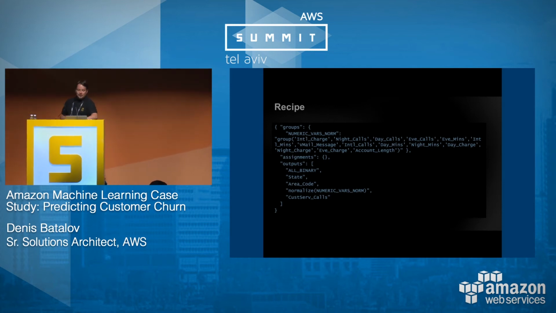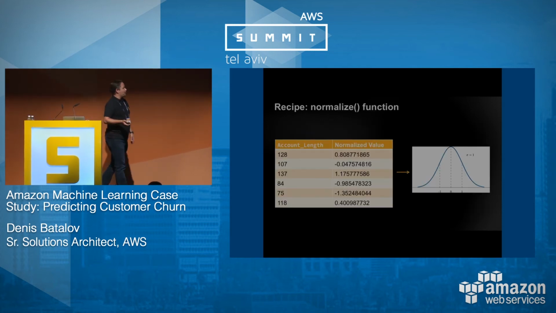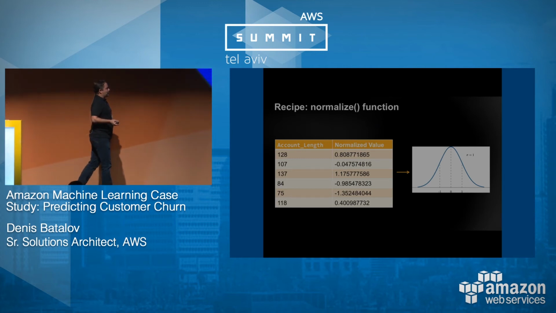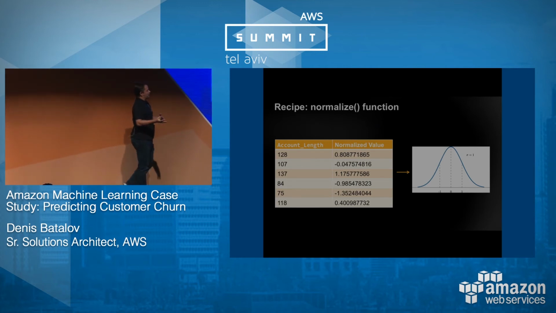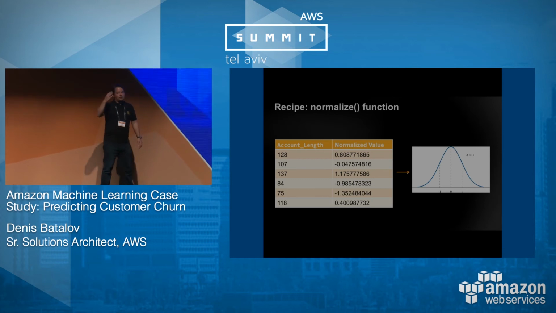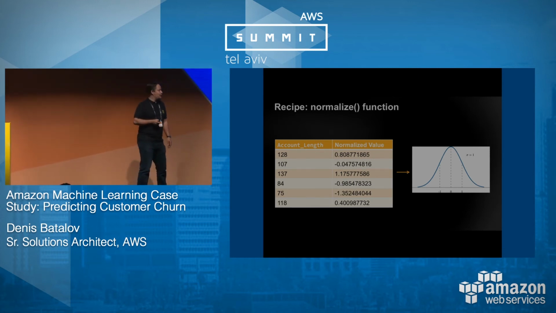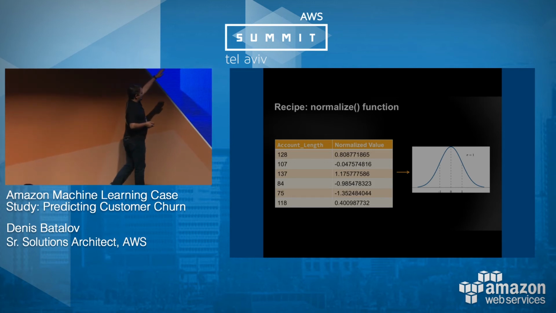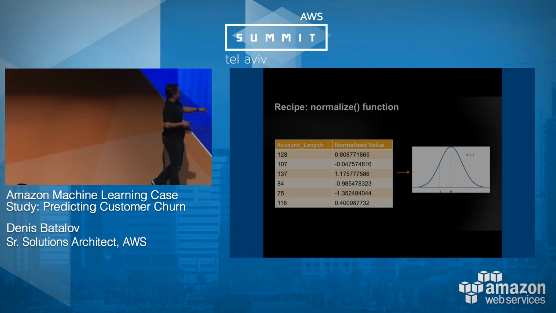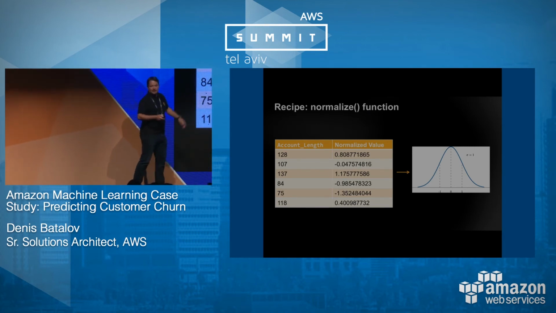So back to normalize. What does normalization do? Well, it's trying to transform the attribute into a standard Gaussian distribution with mean around 0, right? So if these are different account length attributes, the number of days, then after applying the normalization, I'll get a different set of numbers.